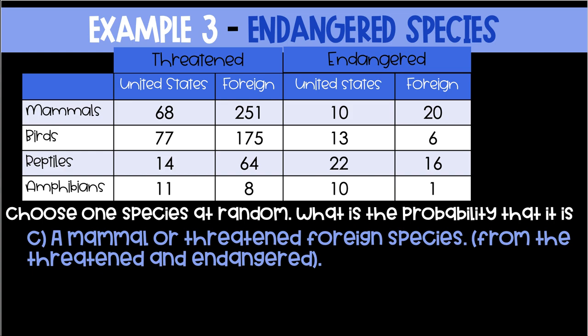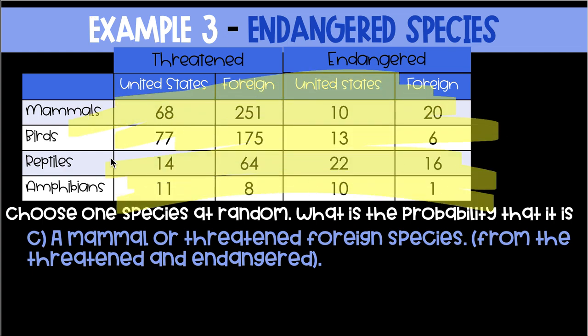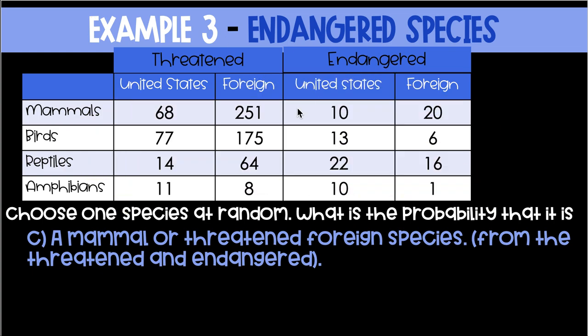If we want to find a mammal or threatened foreign species, but this time from all of them, the threatened and the endangered, this is what I can get, any of them, which from previous slides we learned was a total of 766. But what we want is any of the mammals or the foreign species. Notice the keyword or, either or.